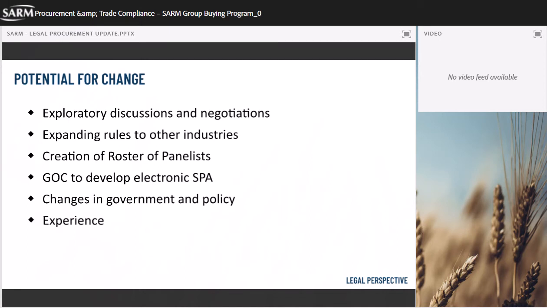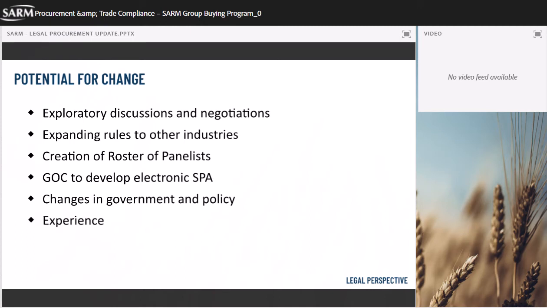The Government of Canada is required to develop an SPA, a single point of access where vendors can obtain opportunities across the country. Right now, there's a number of provincial bodies that regulate it. So there's Sask Tenders for Saskatchewan. In Alberta, it's APC. This is something that is taking place right now. There are working groups in place working on how this single point of access is going to be established.